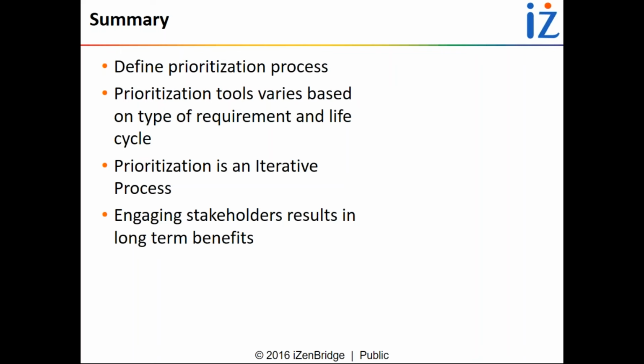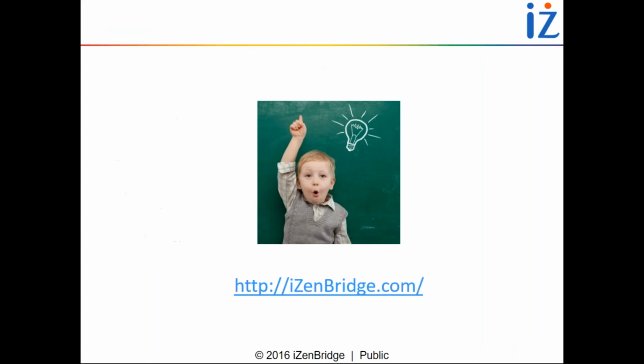You select those checkpoints on the basis of what you have captured in the project management plan, and you prioritize in an iterative manner. Engaging stakeholders is very important. It gives you long-term benefits, and if you are not engaging stakeholders, your requirement prioritization will not work. So this is about requirement prioritization, and it's time to take questions if you have any.